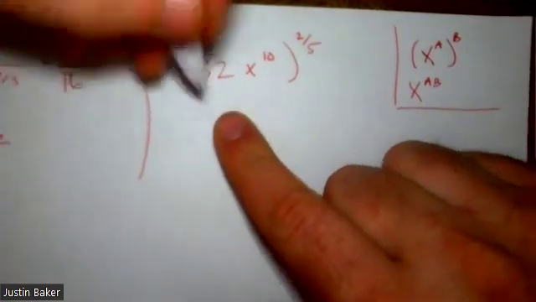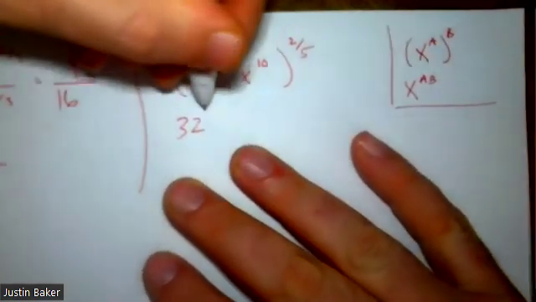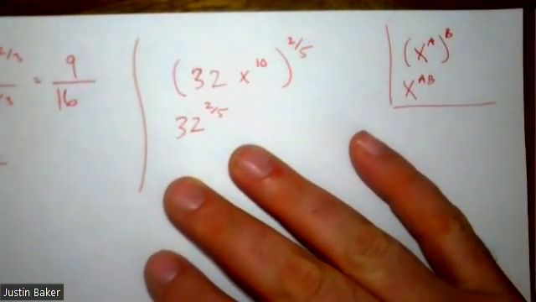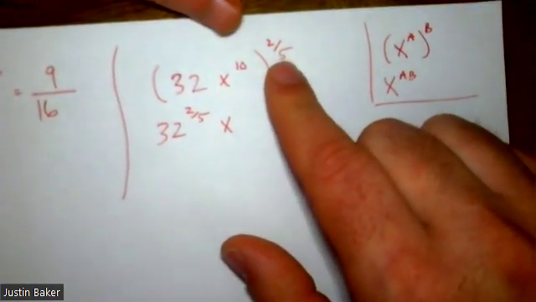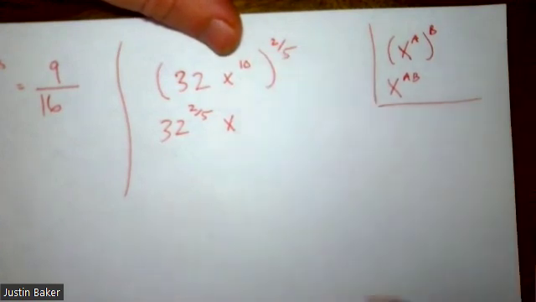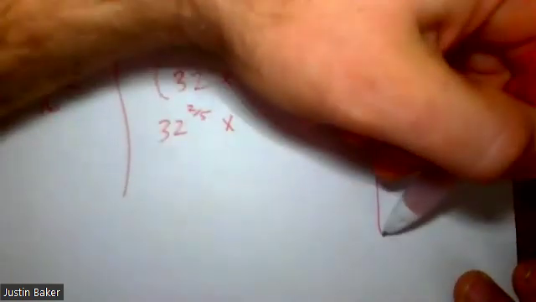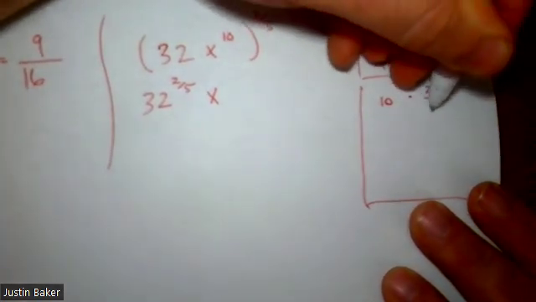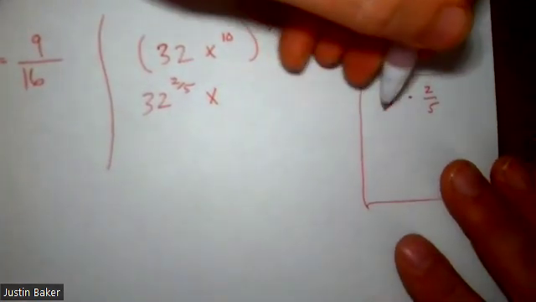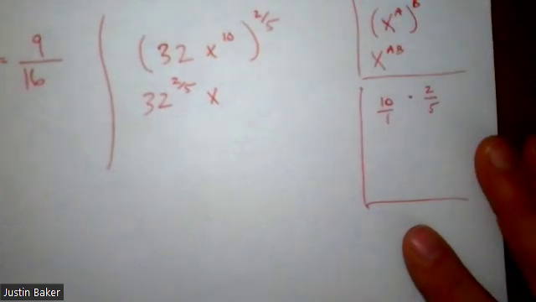So in this case over here, this would be 32 to the 2/5, x to the, okay, now we want to multiply these guys. So this is 10 times 2/5. Depends how your brain handles that, but here's how my brain would do that. I would think of 10 as 10 over 1.